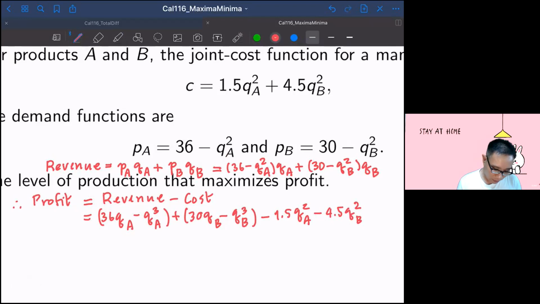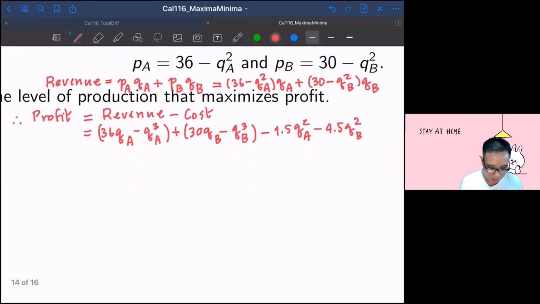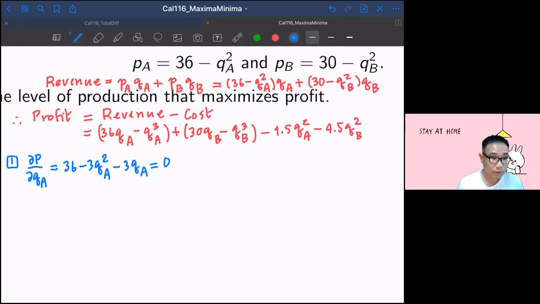After you know the profit function, you find the derivative with respect to QA and with respect to QB for the critical number. So you have the derivative of P with respect to QA. It turns out to be 36 minus 3QA square minus 1.5, so it's going to be 3QA, equal to 0.